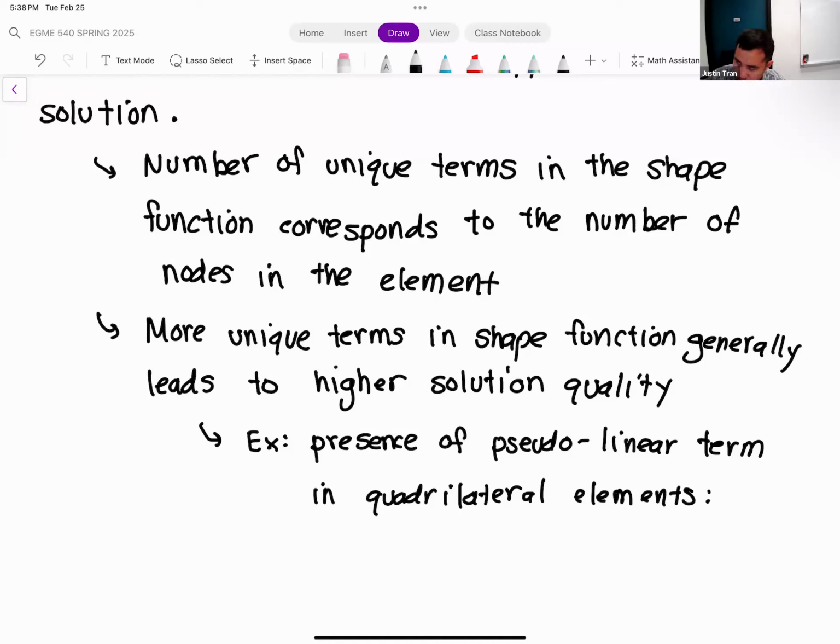If you recall, this was C3 x1. This pseudo-linear term was not present in our linear triangle, but it was present in our linear quadrilateral. So the fact that we have this extra term generally leads to a better solution, just because we can capture more unique behavior.